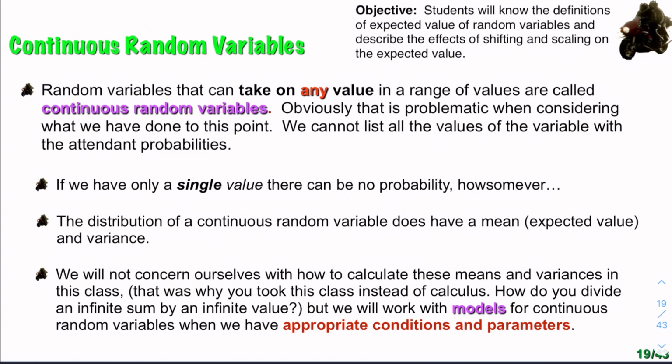However, the distribution of a continuous random variable does have a mean and a variance. We will not concern ourselves about how to calculate these means and variances in this class. That was why you took this class instead of calculus, okay? How do you divide an infinite sum by an infinite value? But we'll work with the models for continuous random variables when we have appropriate conditions and parameters.